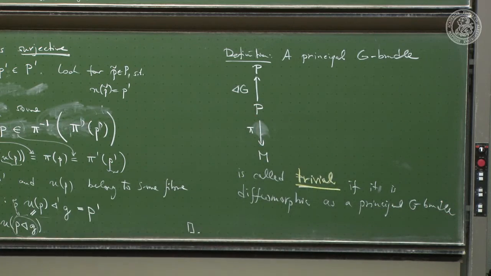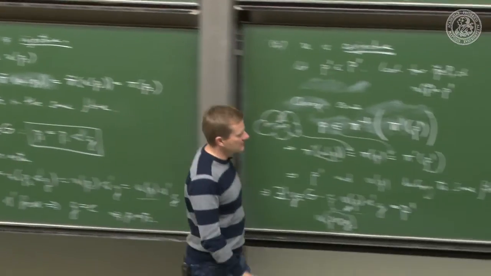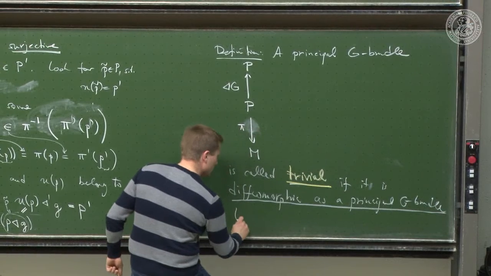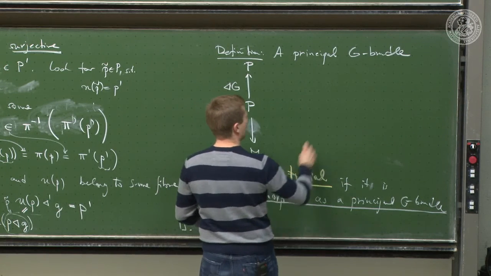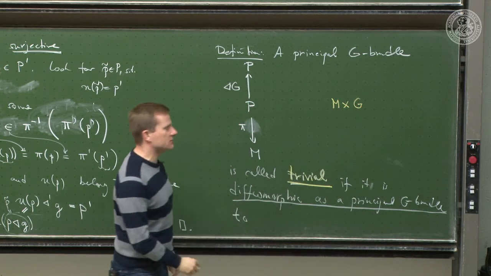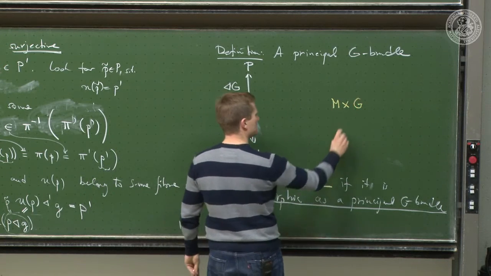Here we could have written in this case that the bundle is isomorphic. Anyway, you know how to write this. It's diffeomorphic as a principal G bundle to the following bundle, to M Cartesian product G, which can be made into a smooth manifold, as always.